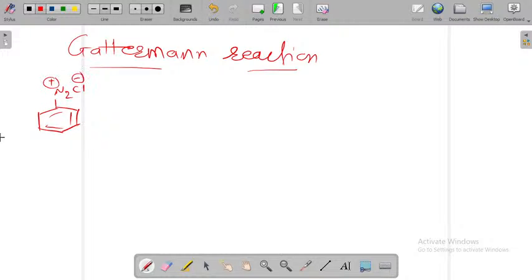Now see here, N2 plus Cl minus is your starting compound, which when reacted with copper in presence of HCl gives chlorobenzene and N2 as a byproduct.